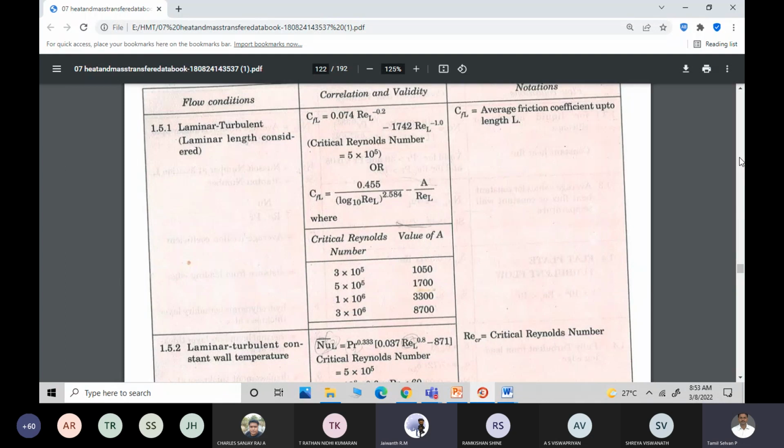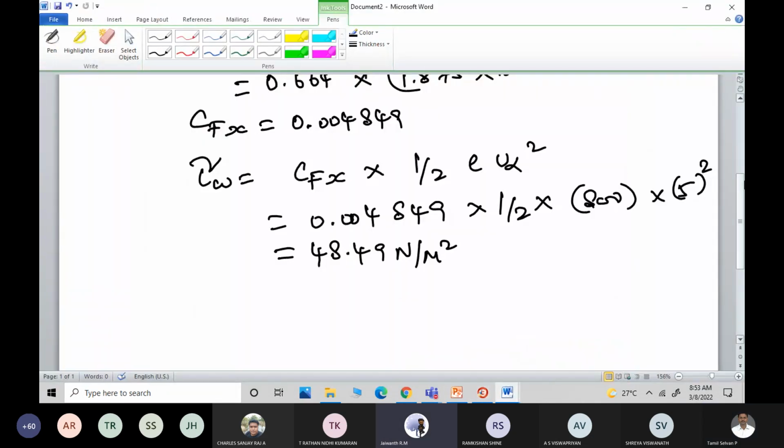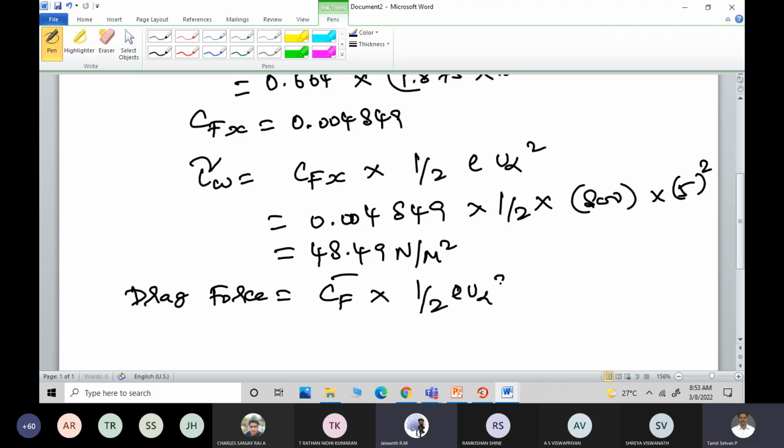So all of you please take down the drag force formula: drag force equals CF bar into half rho u infinity squared into the area of one side of the plate.